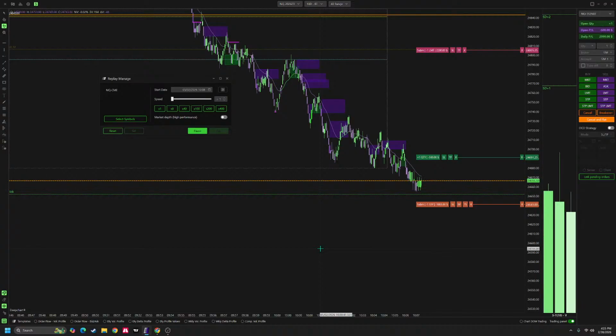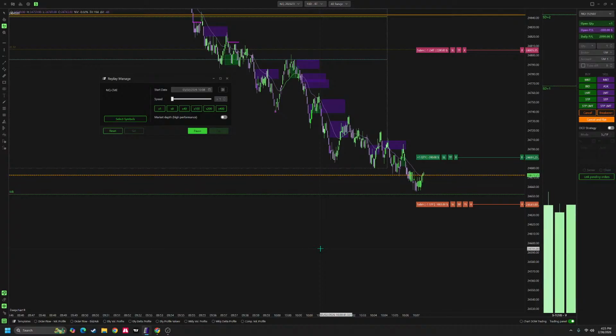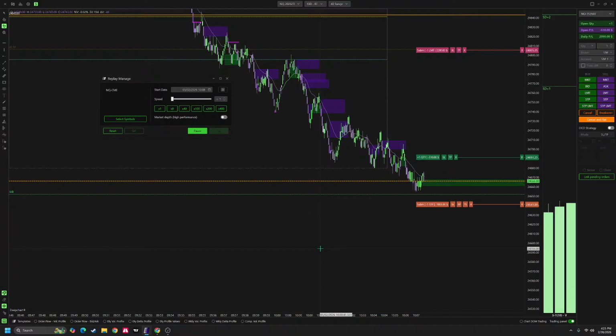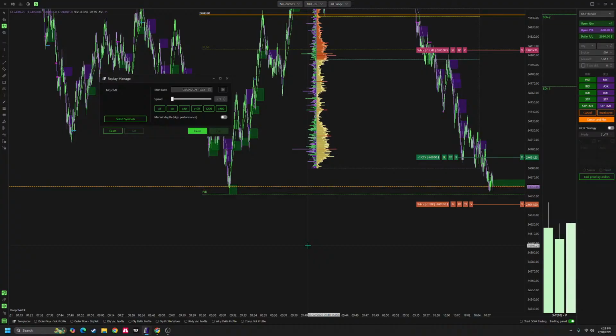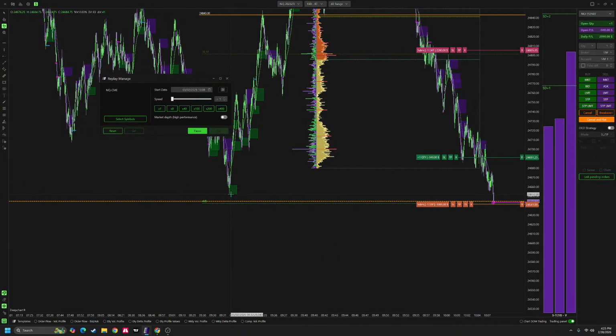So right now we're at the bottom of the 30-day composite profile. We essentially created a new bottom of the 30-day profile down here. We essentially have equal lows.